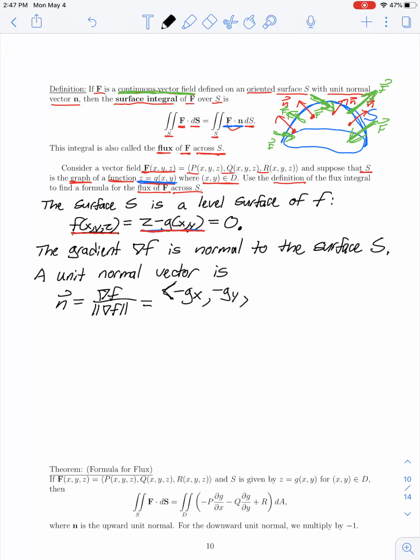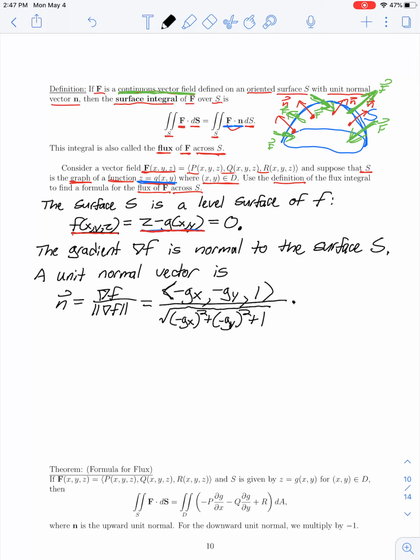And our third component is the partial derivative of f with respect to z. Well, we had z minus g of x, y, so our partial derivative with respect to z is 1. And then we're dividing through by the magnitude of that vector, which would be the square root of the sum of the squares of its components. So that is the sum of negative g sub x squared, negative g sub y squared, and 1 squared, which is 1. So we have the following unit normal vector for any point on that surface S.